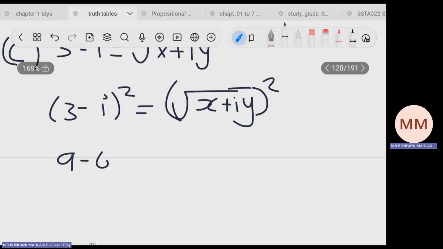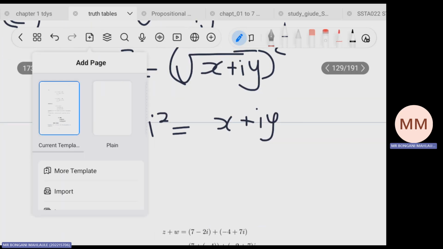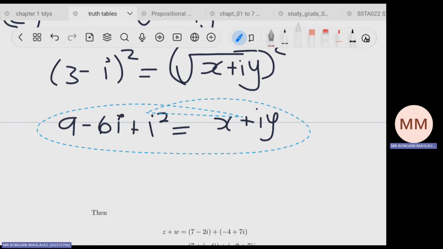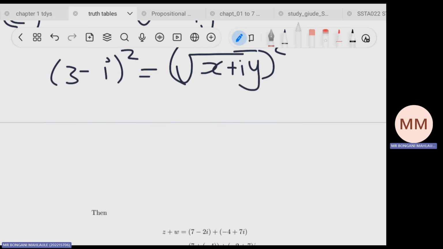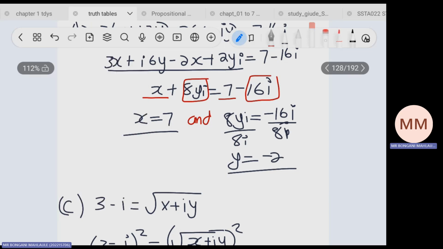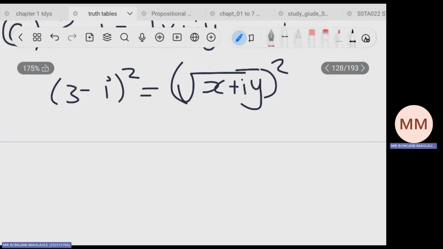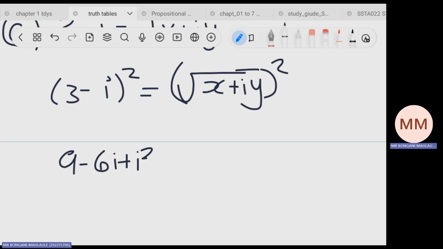Then I'll have 9 minus 6i plus i squared equals x plus iy. So let's open a page. So this will be 9 minus 6i plus i squared.